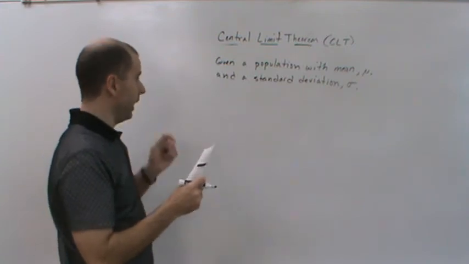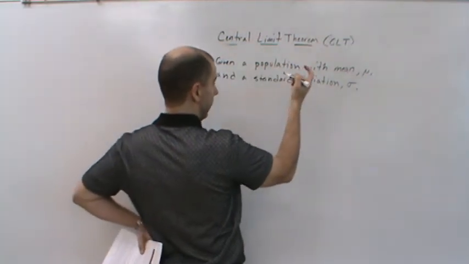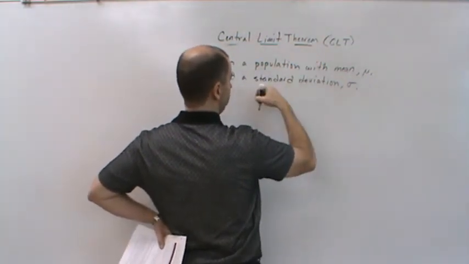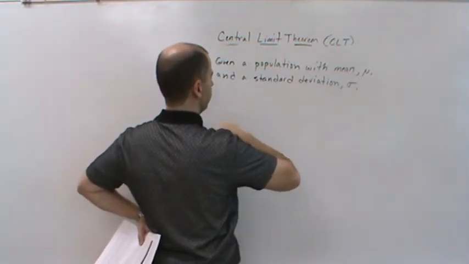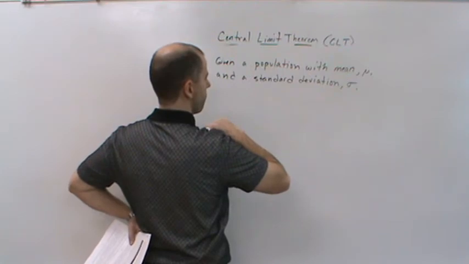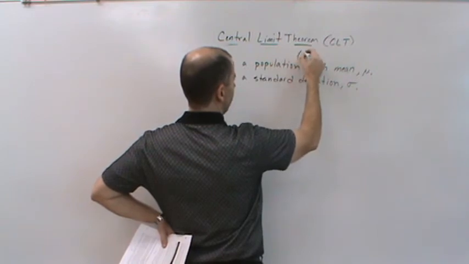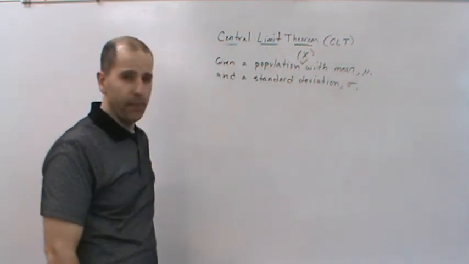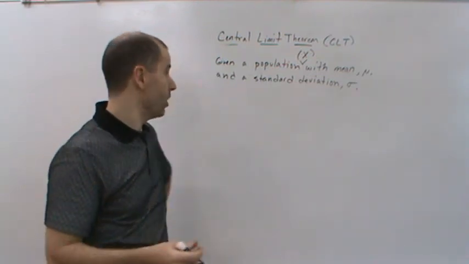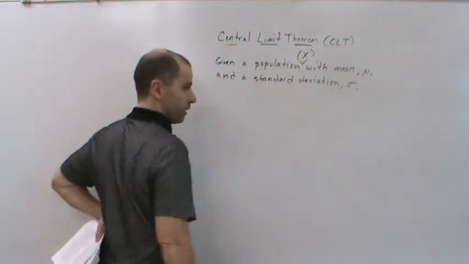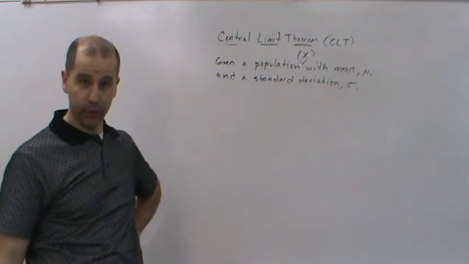And x is the random variable, right? So given a population of x, the random variable x could be height, it could be anything. Whatever it is, the population is going to be a population of x values, so capital X for the random variable for the population values, okay?